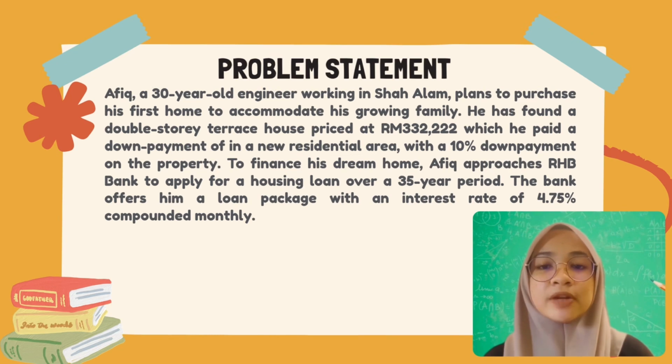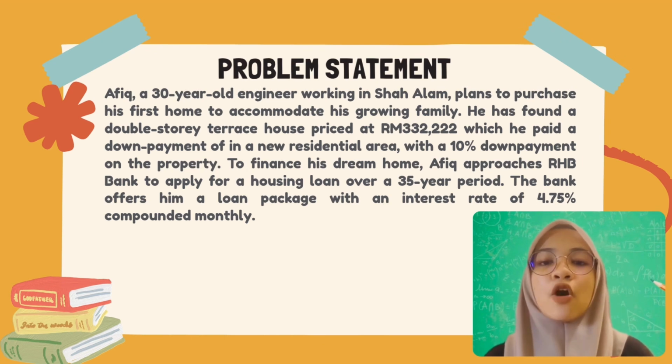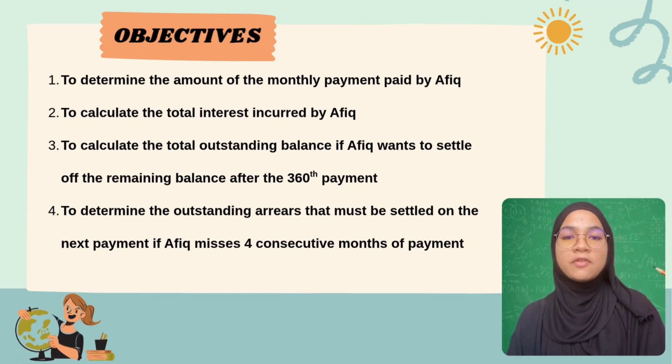To finance his dream home, Afiq approaches RHB to apply for a housing loan over a 35-year period. The bank offers him a loan package with an interest rate of 4.75% compounded monthly.